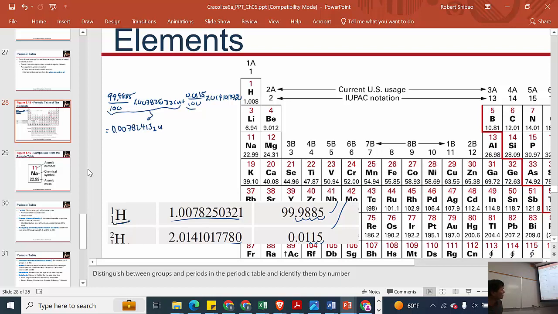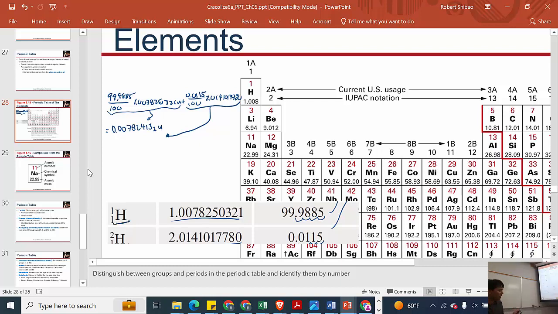Now the second calculation is also going to be multiplication and division, and I'm going to write this down here. So this one is going to be 0.0115 times 2.014778U, sorry, and that's going to be divided by 100.